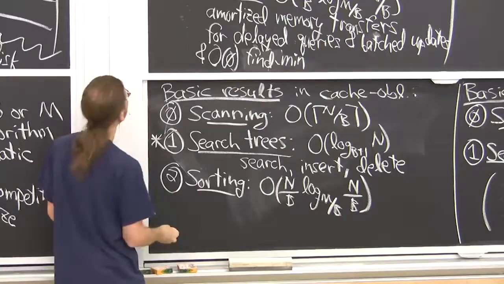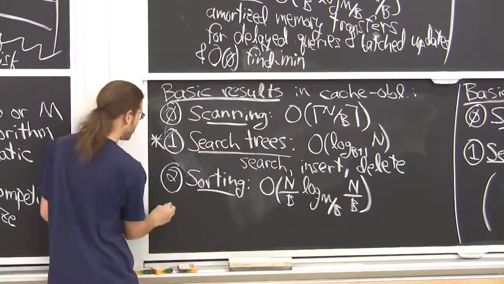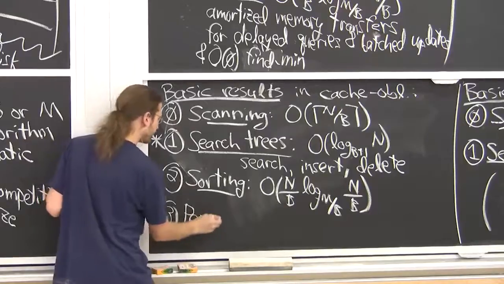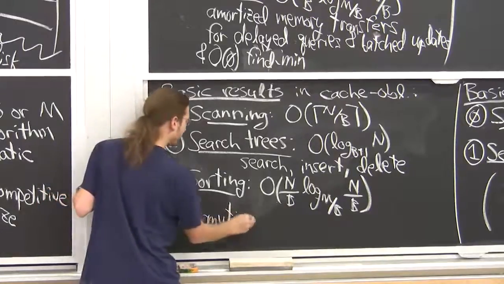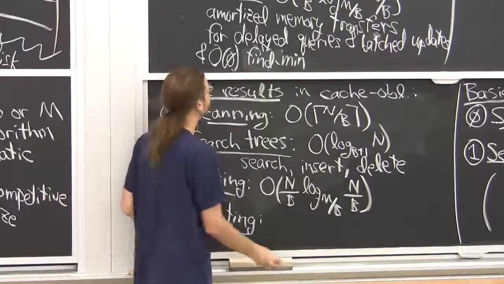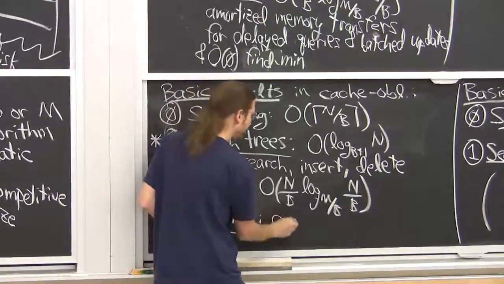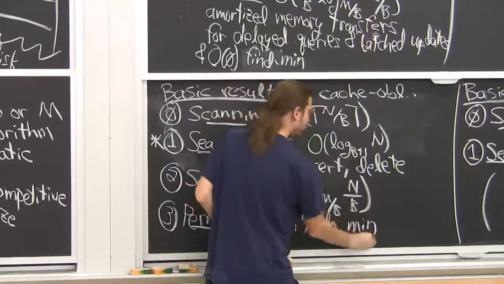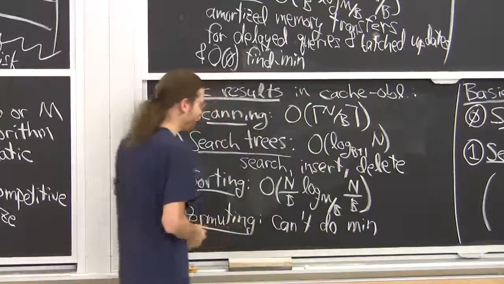Okay. Next is permuting. Here, there's actually a negative result, which is that you can't do the min. It doesn't say exactly what you can do.